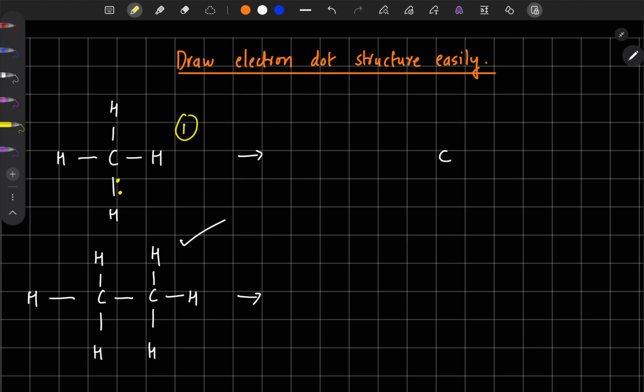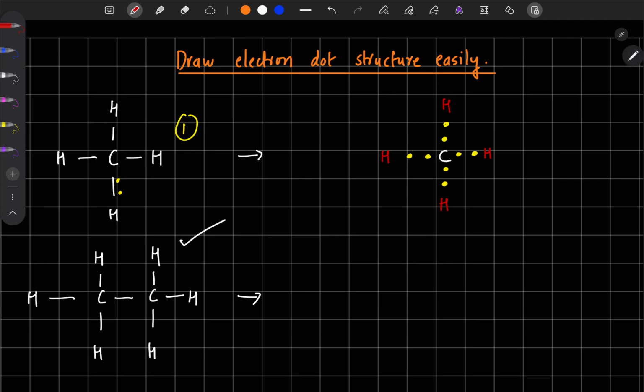So one bond means two electrons, and you can draw two dots representing the electrons. Similarly, you surround it like this. Since there are four bonds, there will be these many electrons around it. Now you write the hydrogens like this. From that image we have just redrawn this image.